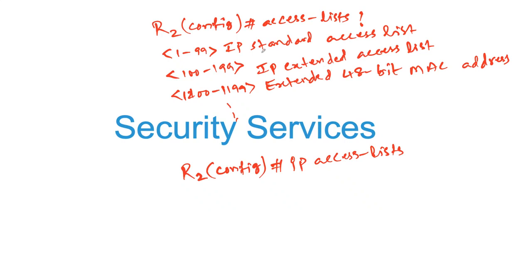Suppose I use the extended access list, then we need to give the name, for which service is allowed inside. That means you give the name, for example FTP filter.